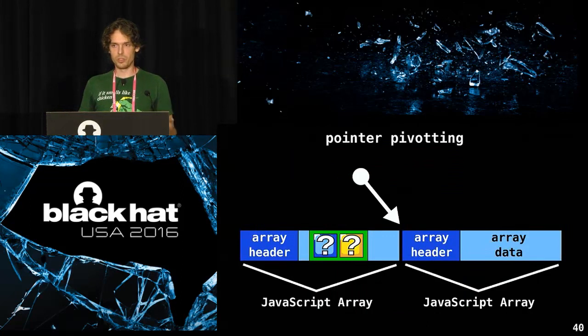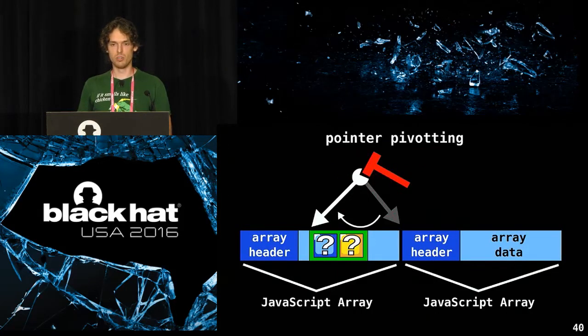So we're using this to hammer arrays of references to objects, and if we find one where a bit flips, we can flip a pointer to a fake object.